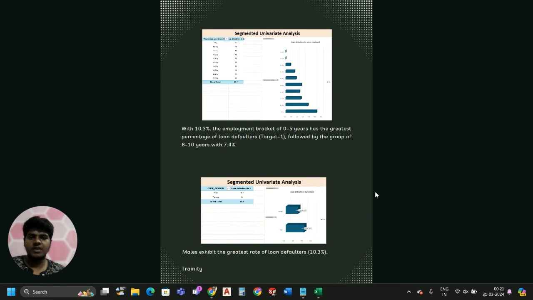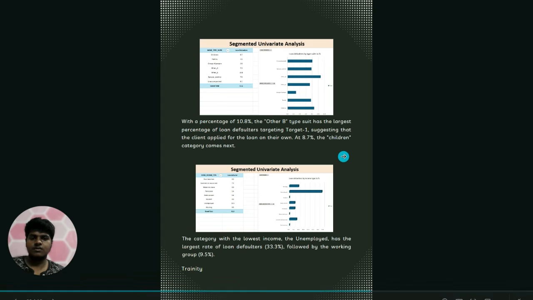The employment bracket of 0 to 5 years has the highest number of loan defaulters, followed by the employment group of 6 to 10 years. Then males have the highest rate of loan defaulters. When it comes to the type suite, the other B type suite has the highest loan defaulters, followed by the children category.